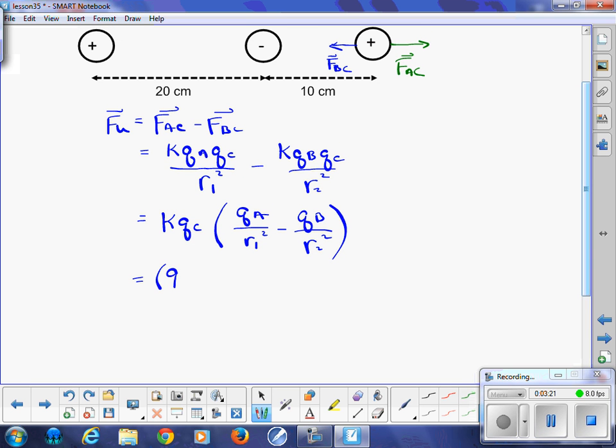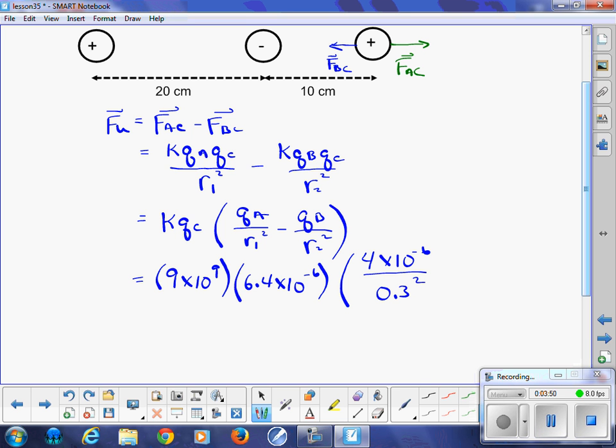So doing our substitution, k is 9 times 10 to the 9th. QC is the common factor here, 6.4 times 10 to the negative 6. QA is 4 times 10 to the negative 6 divided by its distance, which has to be in meters, so 0.3 squared, minus the charge of the other one, negative 2.5 times 10 to the negative 7th divided by its distance, 0.1 squared.